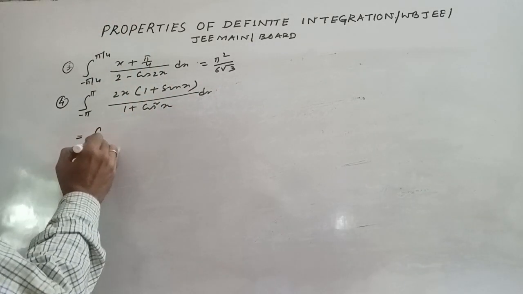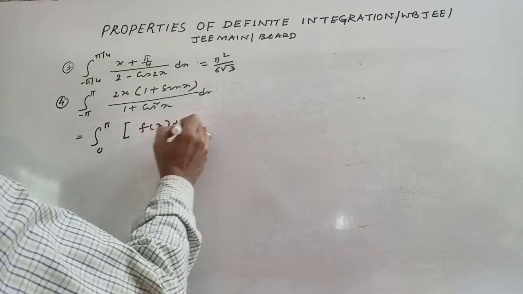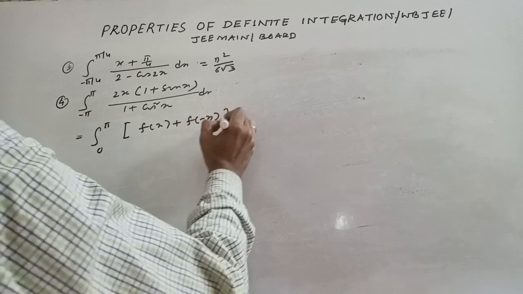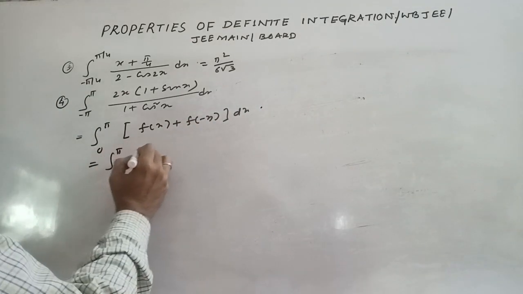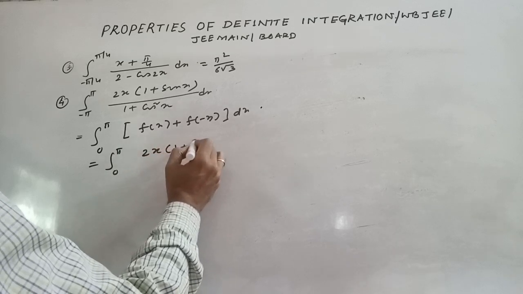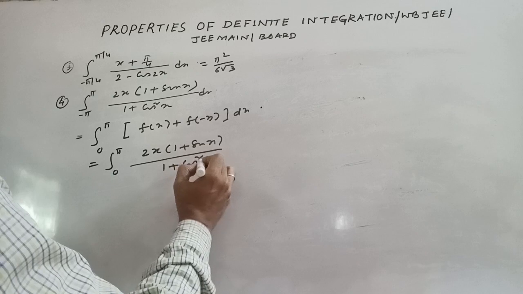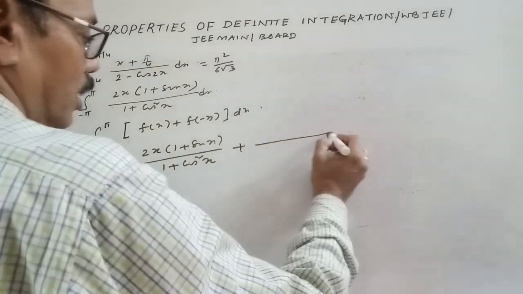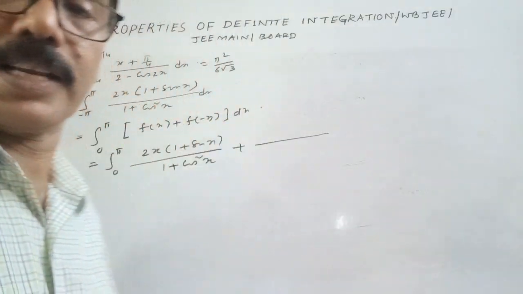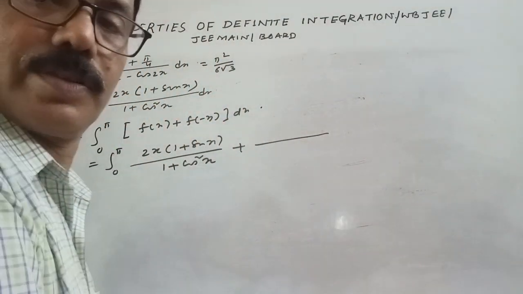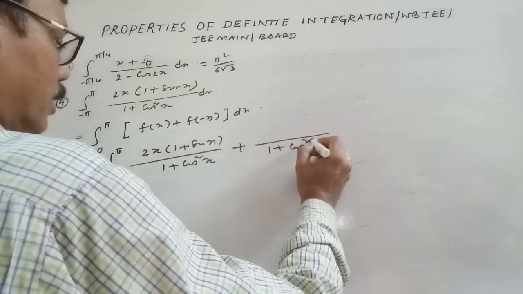So we can write it as integral from 0 to pi of f(x) plus f(-x). So 0 to pi, 2x over 1 plus sin x. So this is f(x), 1 plus cos square x. Now what is f(-x)? Replacing x by minus x, we get 1 plus cos square x.